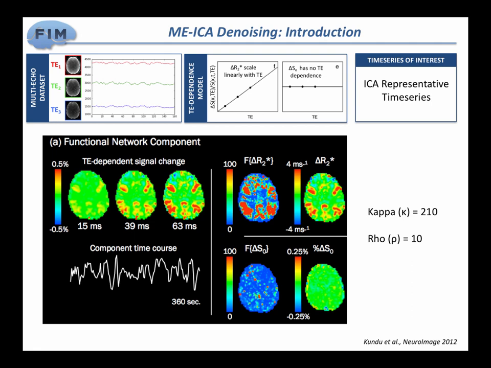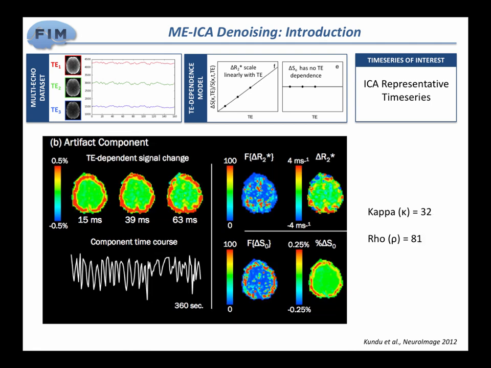Each of them you have a map and a time series. Now you take the time series and you fit it against the independent echoes right before the optimal combination. So the optimal combination enters the ICA. But then to get back here, you take the time series of a given component and you try to fit it against each of the independent echoes. That makes sense? Okay.